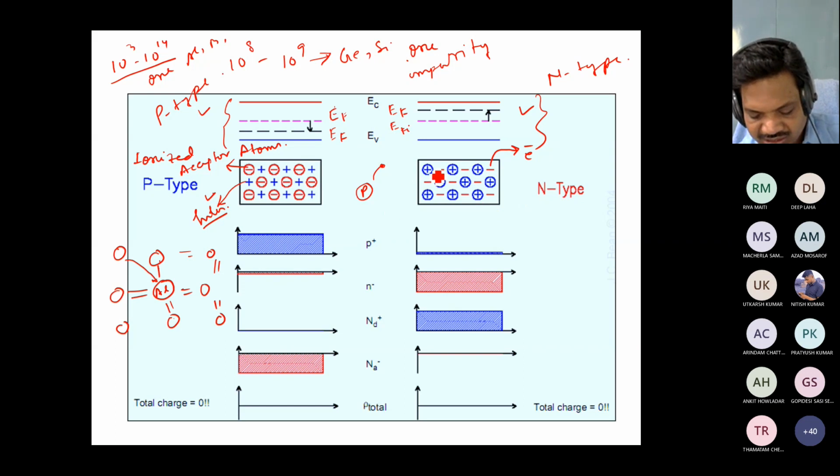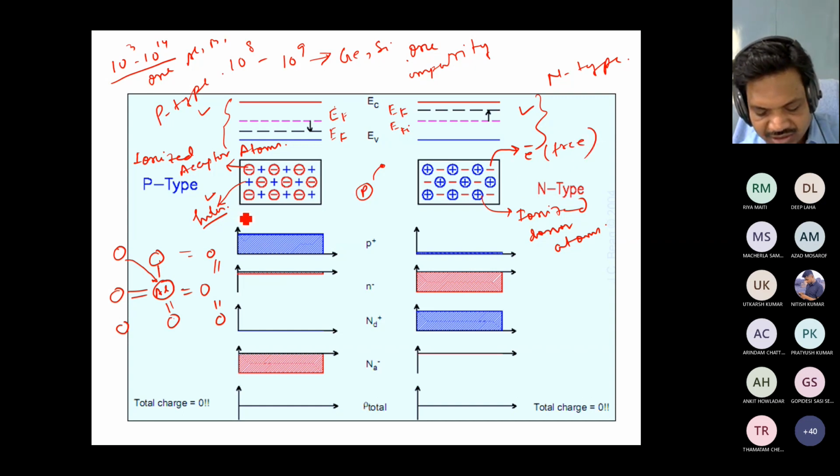So what are the different charge particles in n-type semiconductor? These are ionized donor atoms, and these are the free electrons.